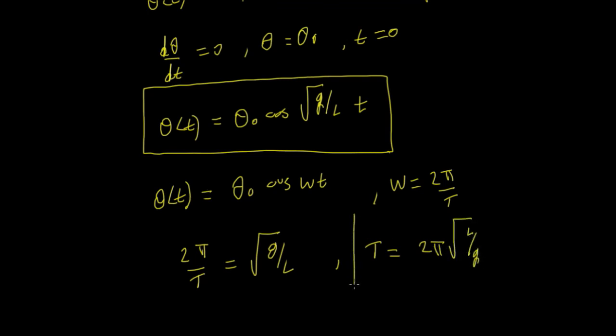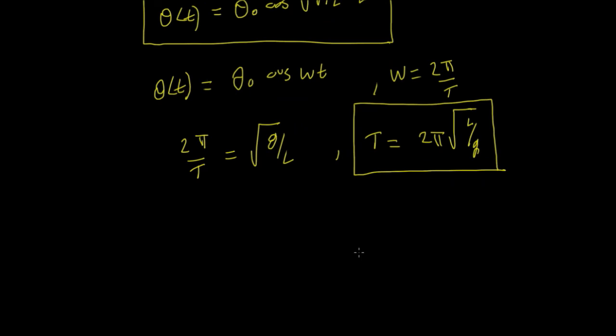That is the period of a pendulum for a small angle, and it's telling you that the mass has no effect on the period. The only thing affecting the period is the length of the pendulum. Of course, gravity is a constant, so all of these are constants other than the length.